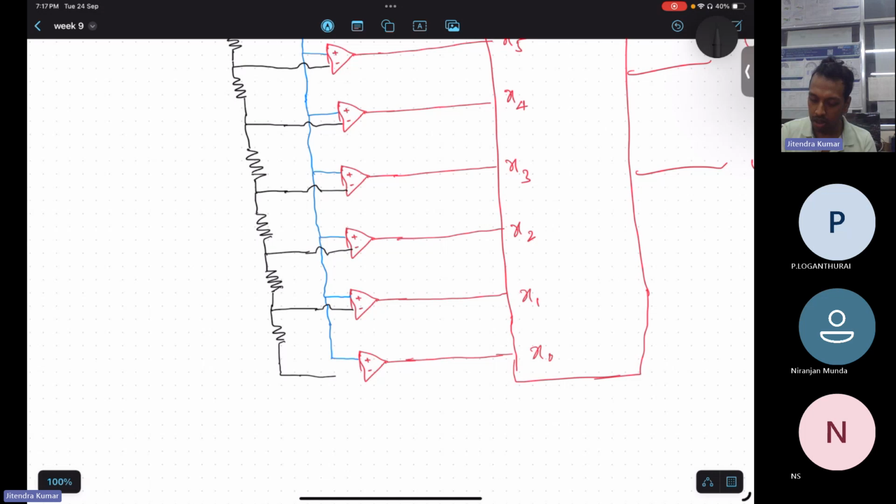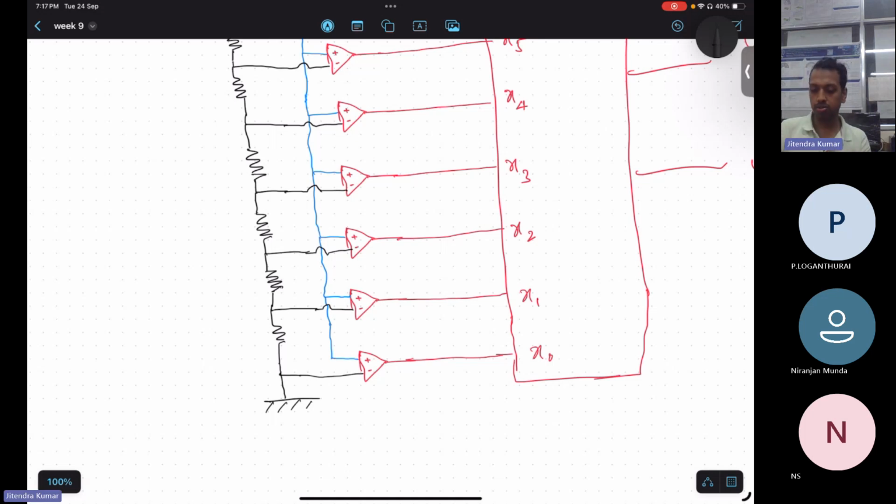What happens with a demux circuit is it takes multiple inputs, and it can provide output as per the number of bits available.